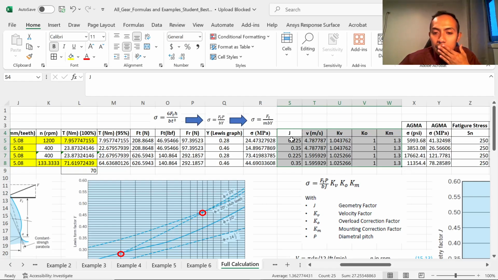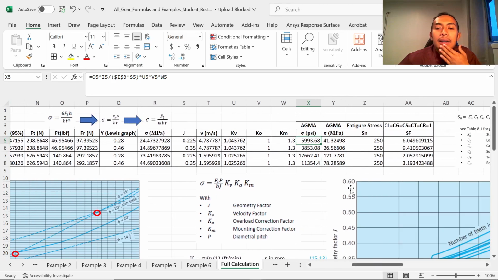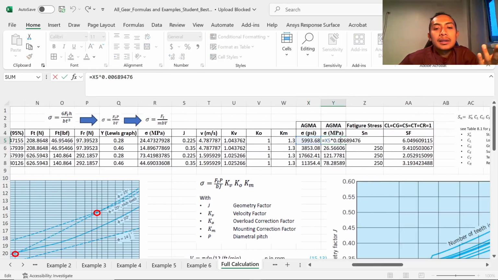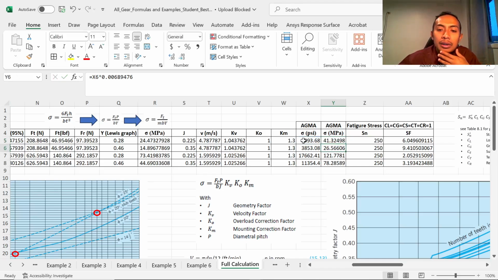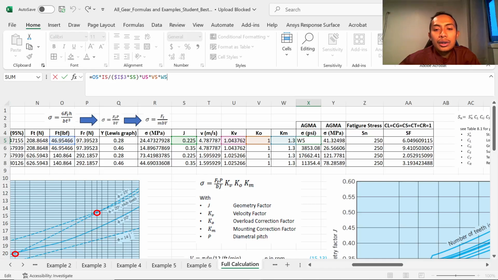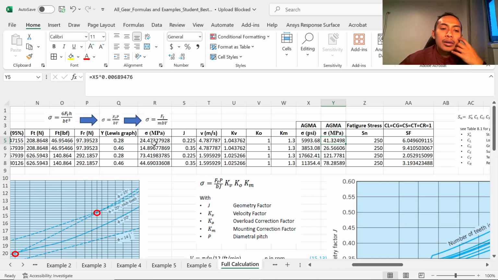Just put everything following the graph, and at the end you will get this kind of formula. This is the first version of the AGMA formula, coming out in inch and psi for the pressure or stress. You just convert psi to MPa, and we can compare easily with this one.